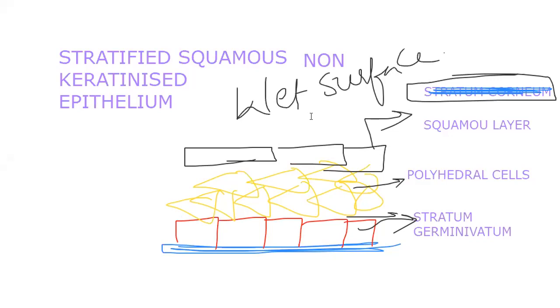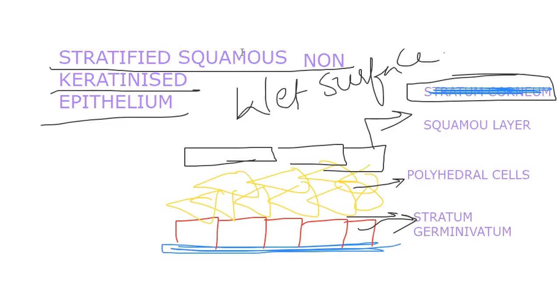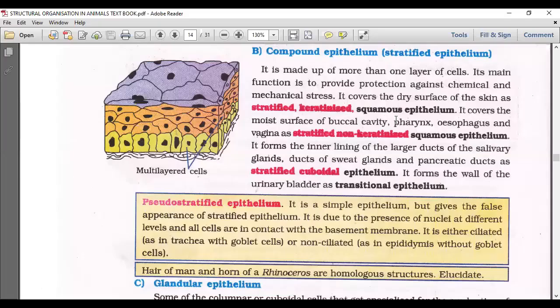So stratified squamous non-keratinized epithelium covers the moist surface of buccal cavity, pharynx, esophagus, and vagina. Okay, next.